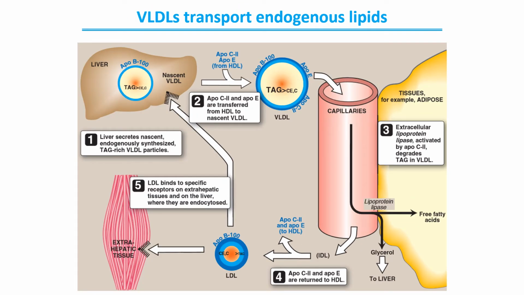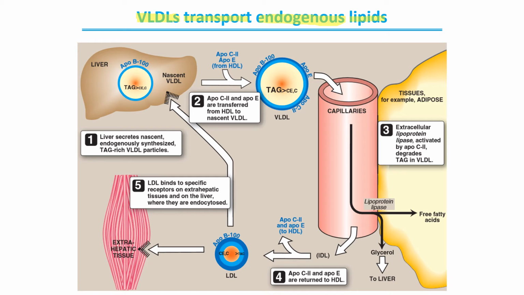Second is we have got the VLDL metabolism, and also in this photo is the LDL metabolism, which is pretty similar to the previous diagram that we saw for chylomicron metabolism. Important thing to remember here is again at the top, VLDL transports endogenous lipids. So this one transports endogenous lipids, the lipids that are made inside our body.